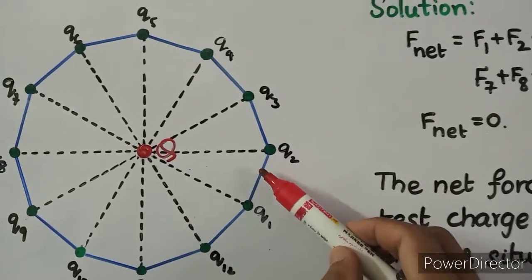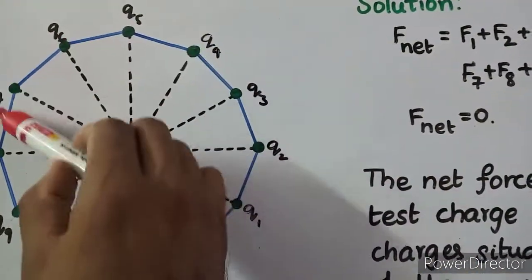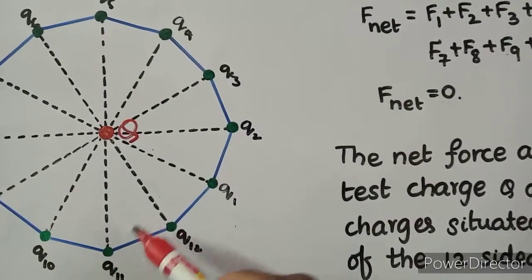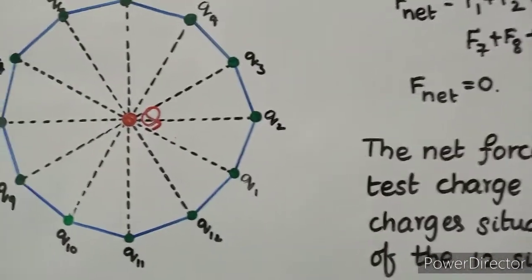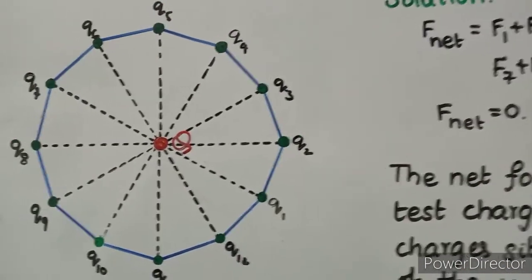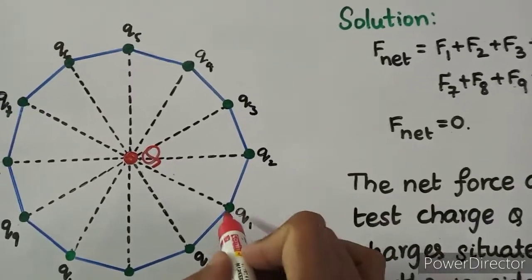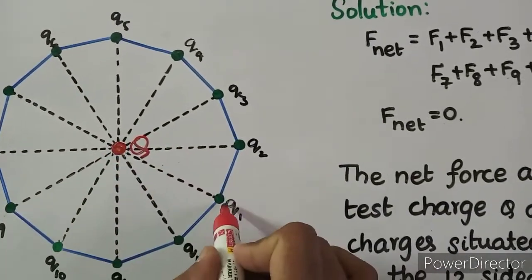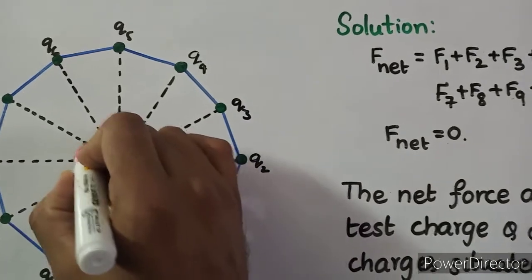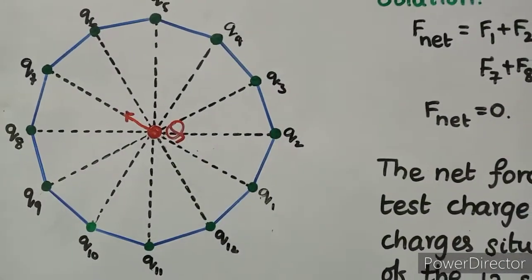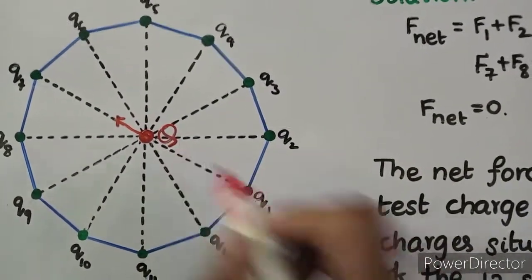See, we have 12 sides, 1 2 3 4 5 6 7 8 9 10 11 12 sides, plus 12 charges at the vertices. Now let's consider the force due to Q1 on this test charge. It will be in this direction because both are positive charges.